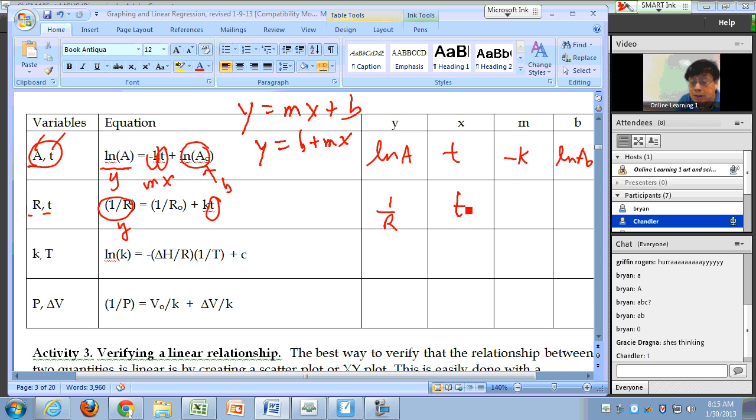What is my slope going to be, Chandler? Right, that's the number that you multiply t with. That's the number that you multiply x with, okay? That's your slope. And what's going to be my y-intercept?